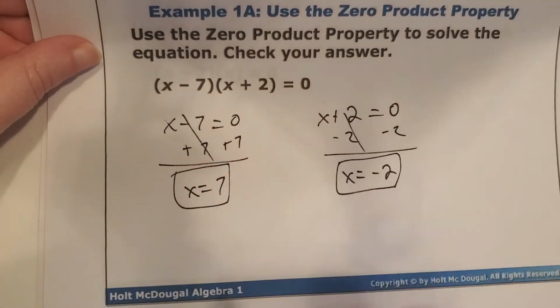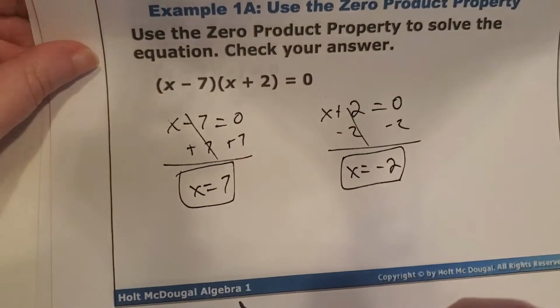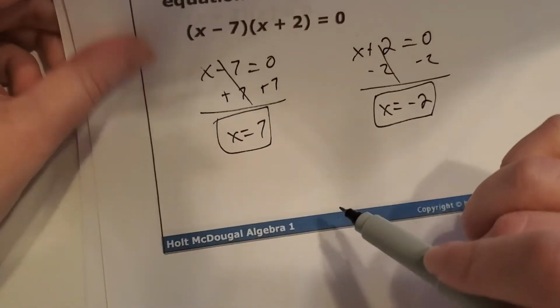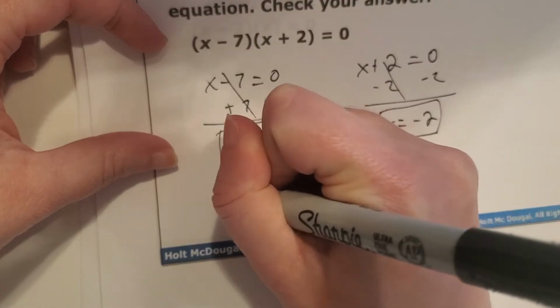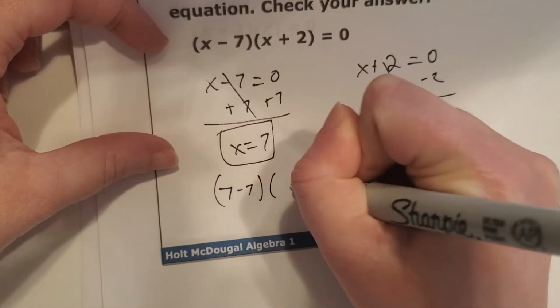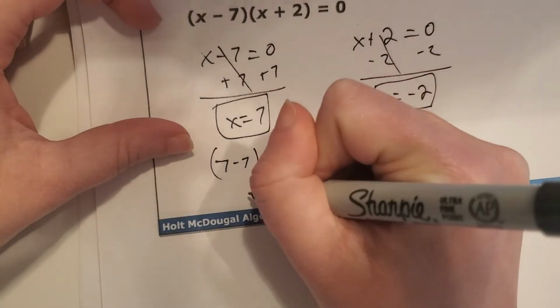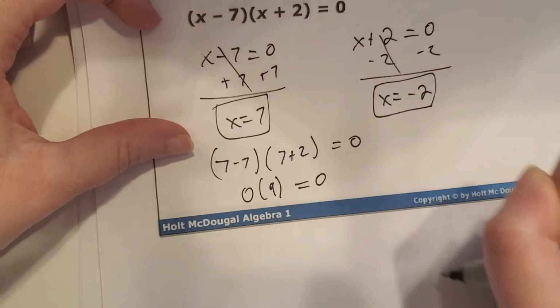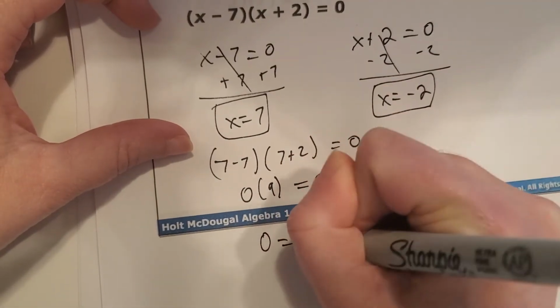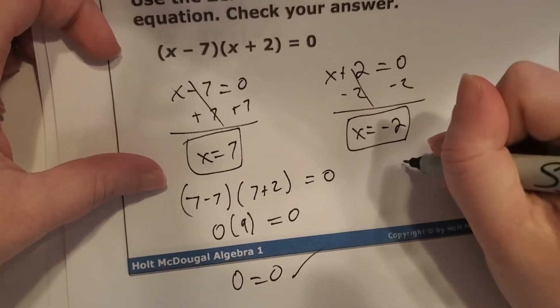But because the question also says check your answer, we will have to plug both of these back into the original. So we're going to do that one at a time. We're going to do 7 first. So 7 minus 7 times 7 plus 2, we want to see if that equals 0. Well, 7 minus 7 is 0, and 7 plus 2 is 9. So 0 times 9 is 0. That one works. Negative 2.